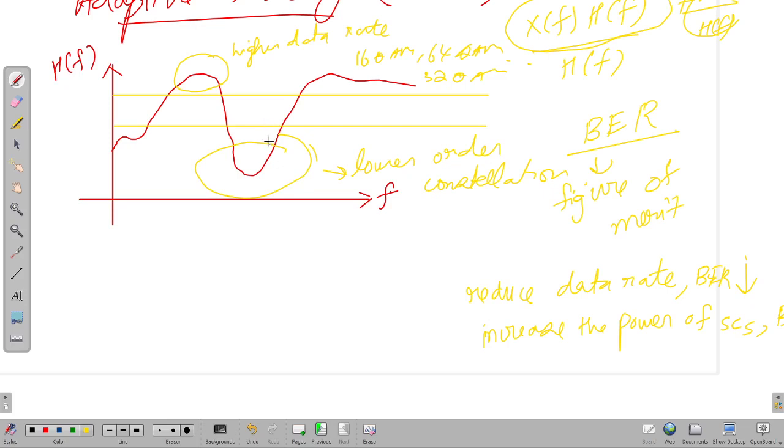And also you could have more power here. You could give more power to these subcarriers in order to invert the effect of the channel, and maybe a lesser power here, because the channel response is good at those points. It doesn't need more power there.